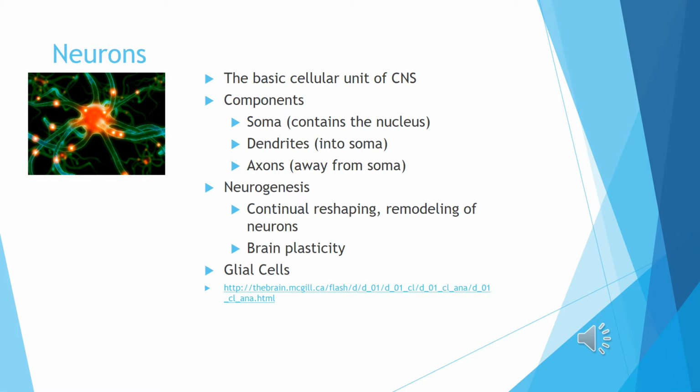neurogenesis is the constant and continual reshaping and remodeling of neurons. As we'll see in our next slide, the process begins at conception and really has a lot of activity up until birth, and then it kind of slows down, but then between ages 6 up into teenage years it flourishes again, and then it settles back down. But our brain is constantly being able to regenerate and renew itself.